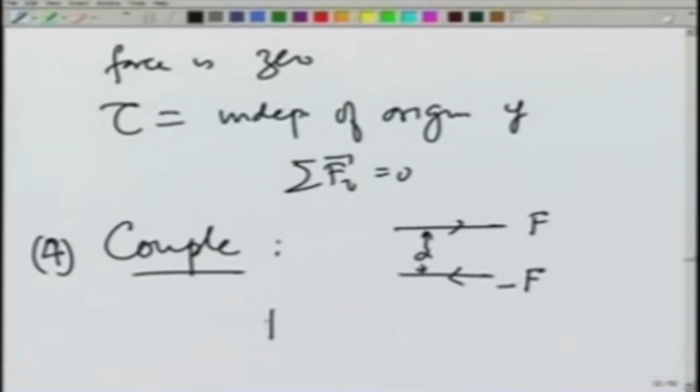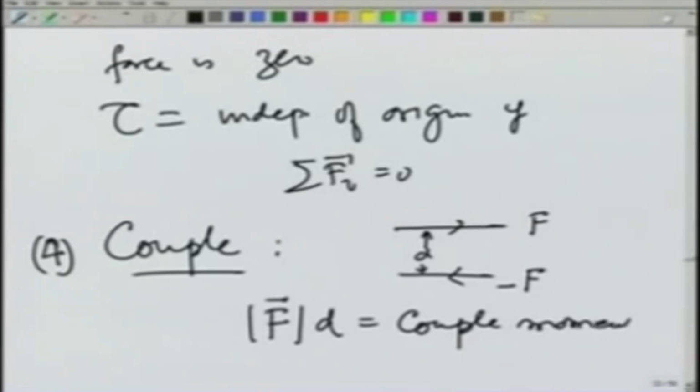In this case, the force magnitude times d is the couple moment, and the direction you can find by right hand rule or the cross product rule yourself. In the next lecture, we will look at how to define the moment about an axis or a couple about an axis, and then go on to discuss other things about equilibrium.